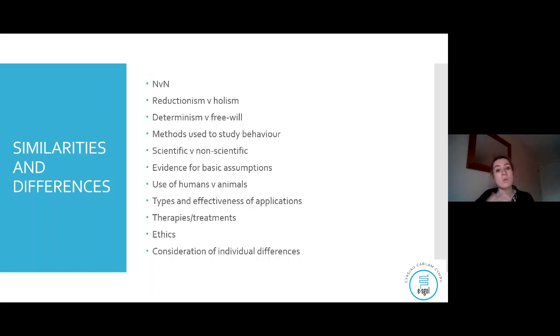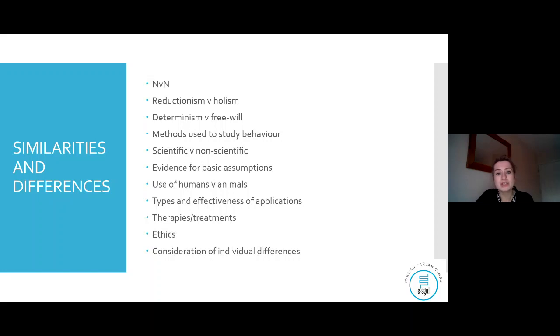So free will means that we have the choice. We know what behaviour we're going to display, and we're given a little bit more control over it. So, for example, that one would be the positive approach, wouldn't it? We have control over our thoughts and our feelings and how we deal with them. So determinism versus free will actually works quite well for the question that we're going to answer.